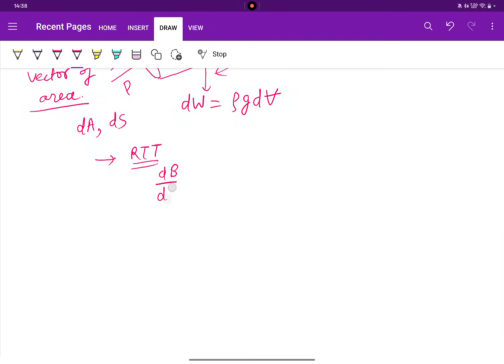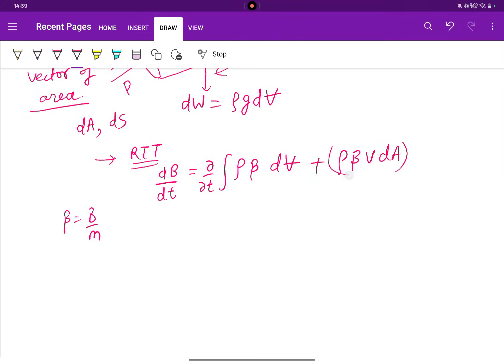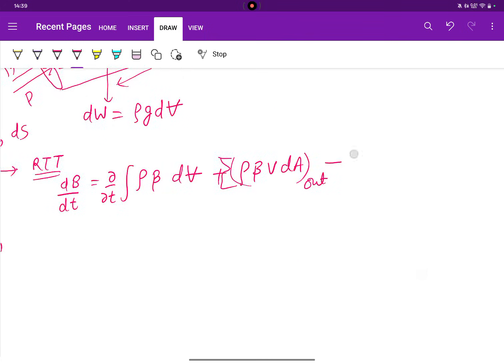B can be any parameter, and dB by dt is going to be the integral of rho beta dV, and beta is basically B by mass, plus the sum over rho beta times the velocity field into dA out, because multiple faces can be present, minus rho beta v dA in. Okay, this is our Reynolds transport theorem.